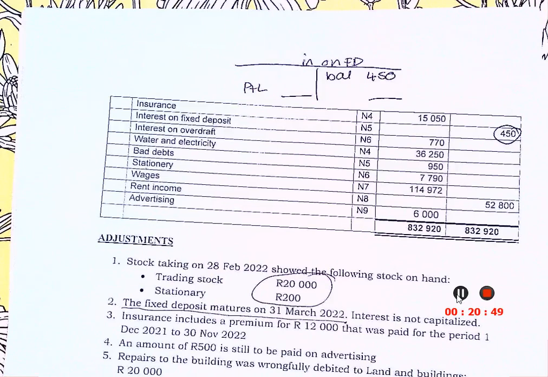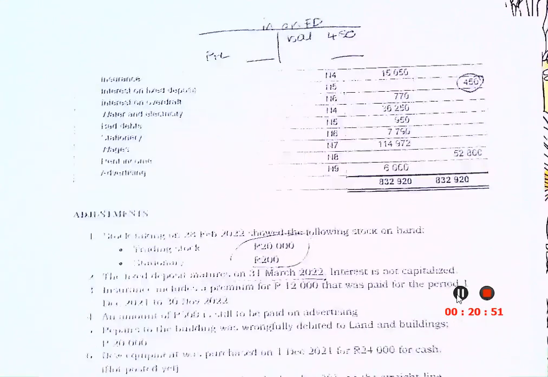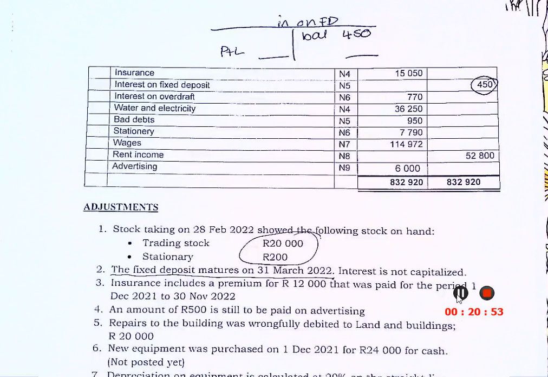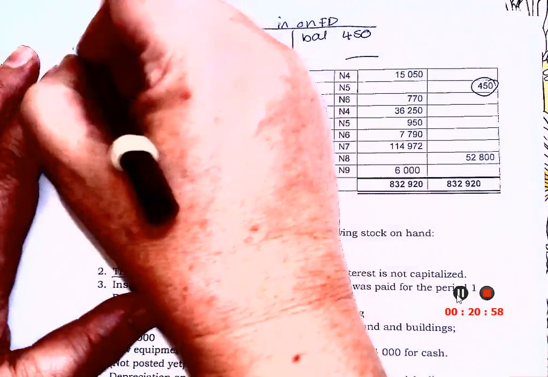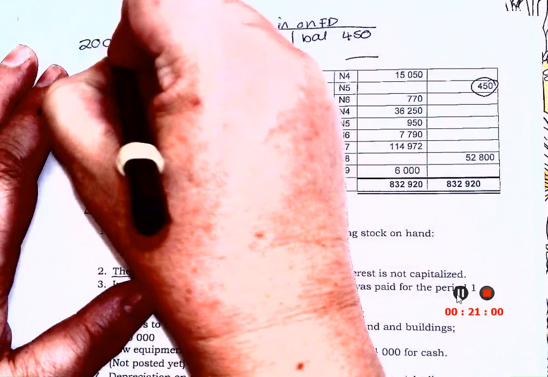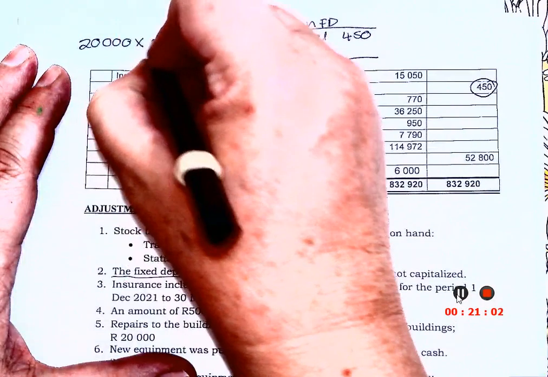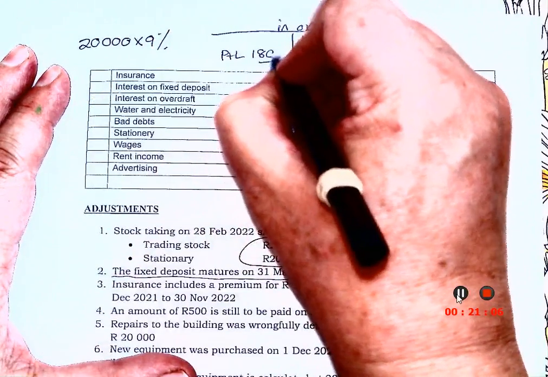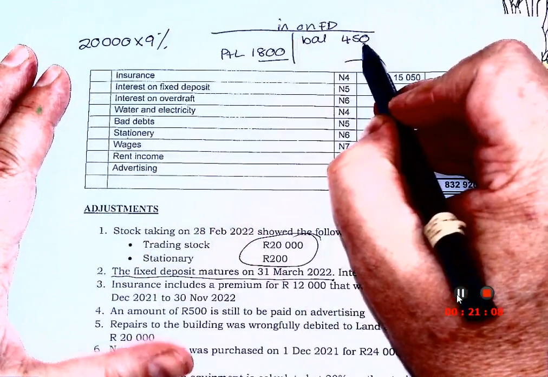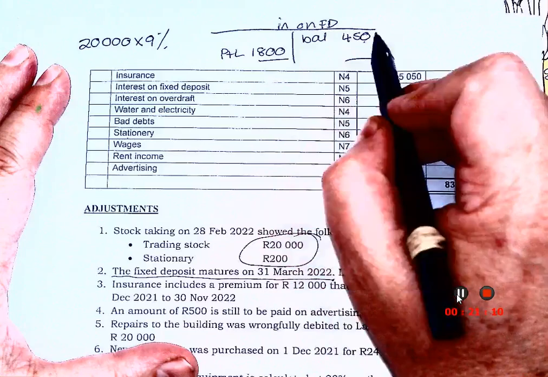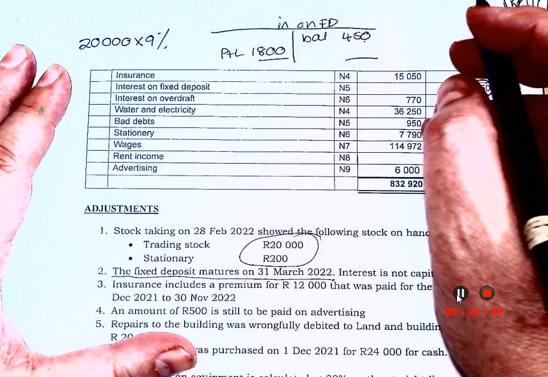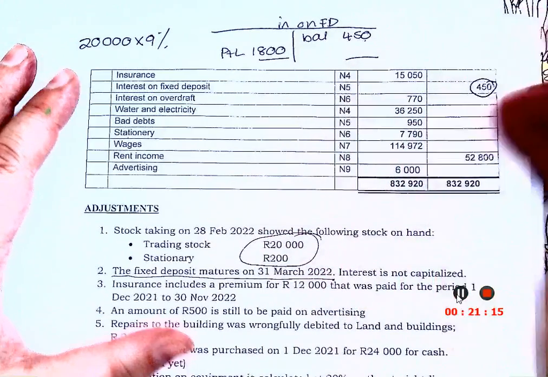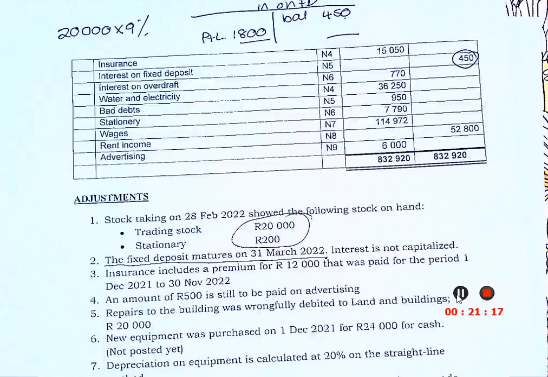Okay, so now we want to see how much this fixed deposit made me. How much did we earn? They say my fixed deposit is 20,000 and I receive 9% interest a year. Can you see it's 1,800? Can you see they still owe me? Okay, so let's go again. I want to see the difference.